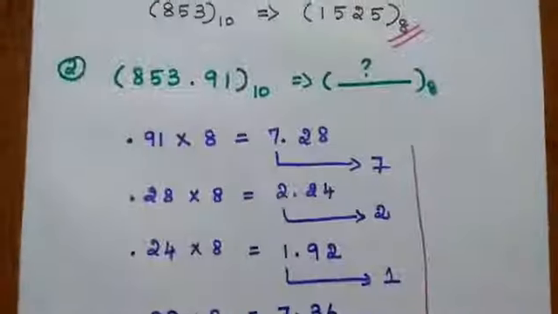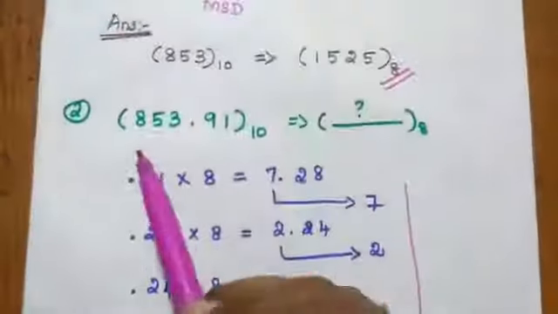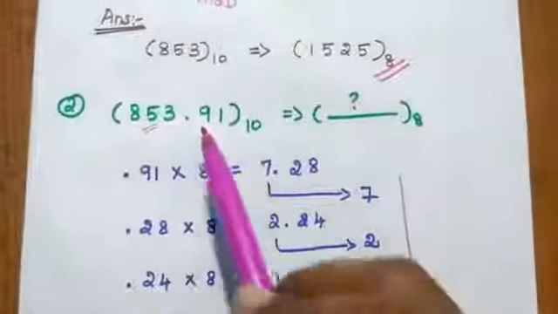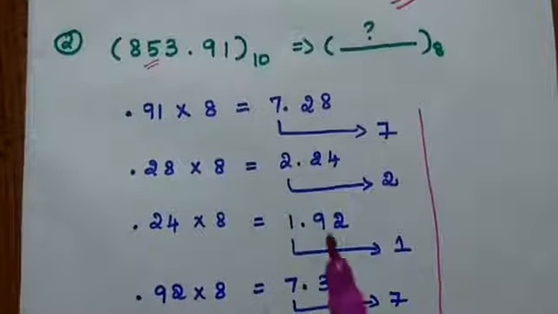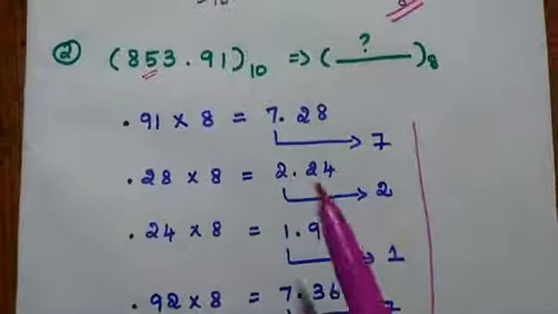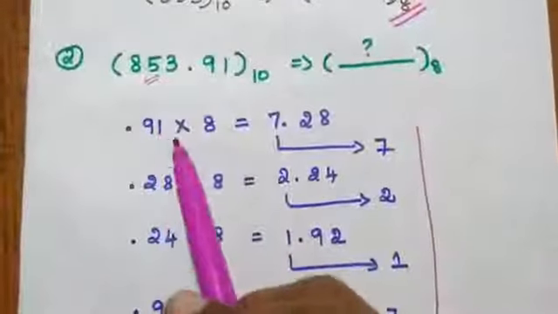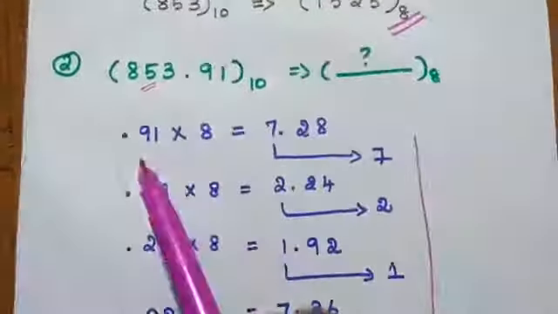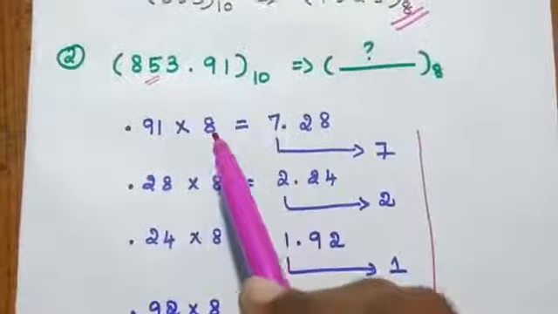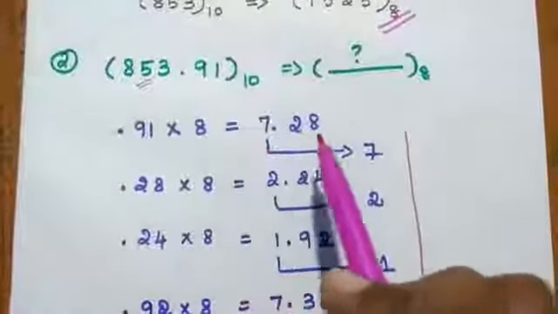If the fractional part is given, okay, we have derived the value for the integer part. Next we are going to consider the fractional part. If the fractional part is given, we are going to take the fractional part and multiply it with the base 8. So 0.91 into 8 we can get 7.28.